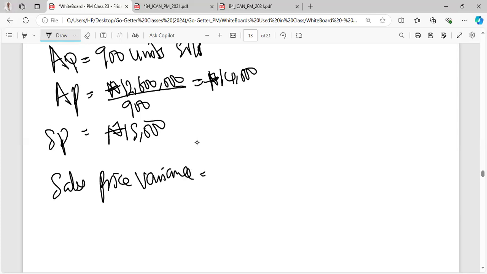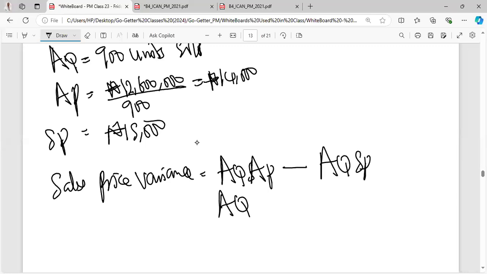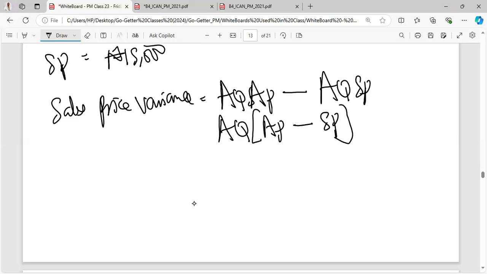The sales price variance is actual quantity, actual price minus actual quantity, standard price. This is the same thing as saying actual quantity, actual price minus standard price. It's still saying sold 900.